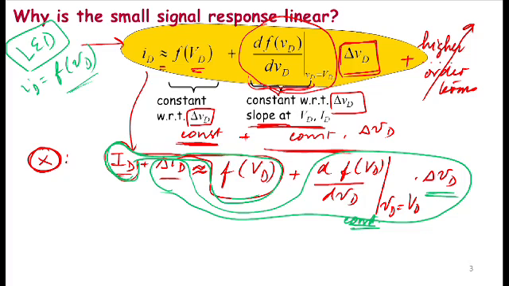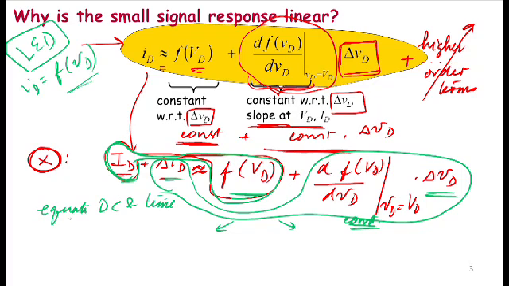So let me just separate out those parts and write them out as two pieces. And what I can do now is, since this is DC and this is time varying, by my construction, I'm going to tease them apart. If a DC plus a time varying part of an equation relates to a DC and time varying part of another on the right-hand side, then you can equate the DC and time varying components.